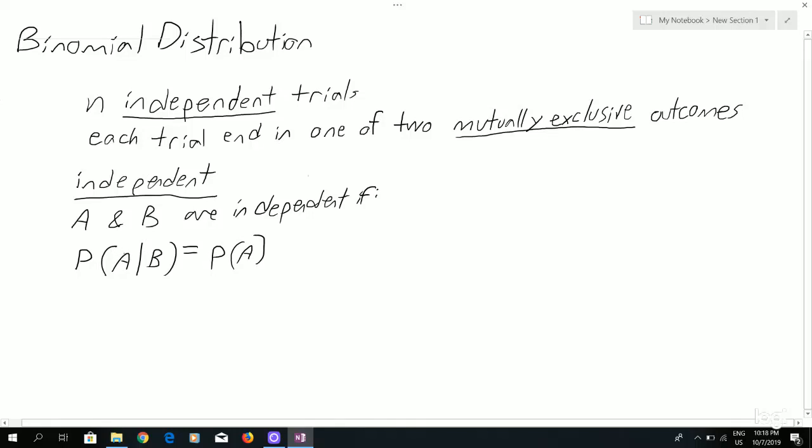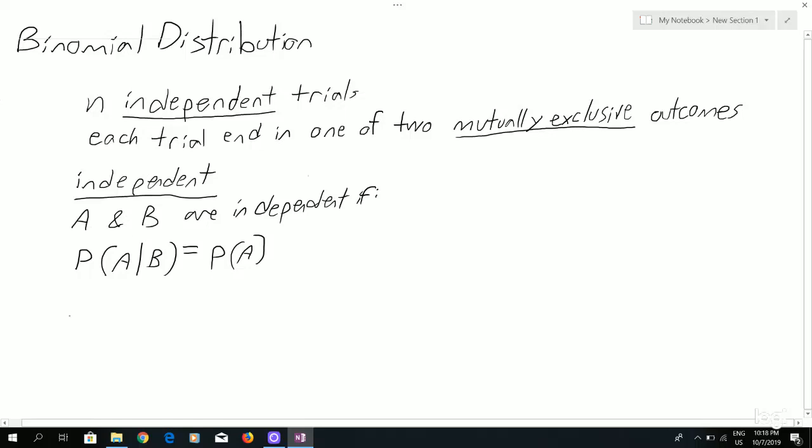The probability of A given that B already happened is equal to the probability of A, which means whether B happens or not, the probability of A is the same. If we don't take B into consideration, it's just the probability of A. If we take B into consideration, it's still just the probability of A. The probability of A does not depend on whether B happened or not, and vice versa. The probability of B does not depend on whether A happened or not. If that's the case, then A and B are independent.